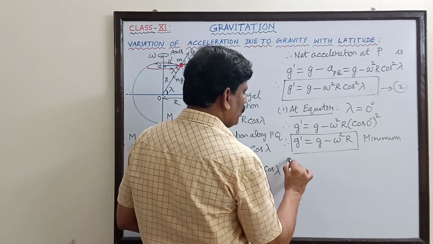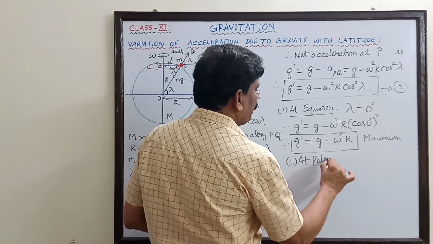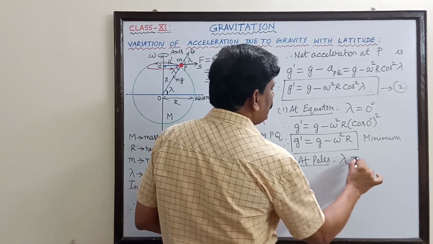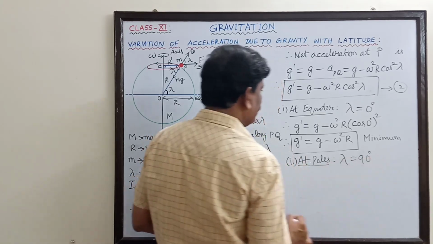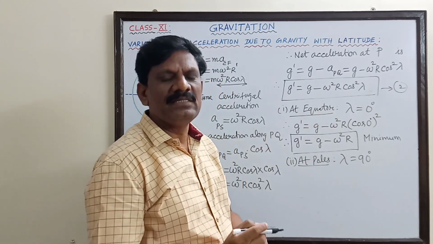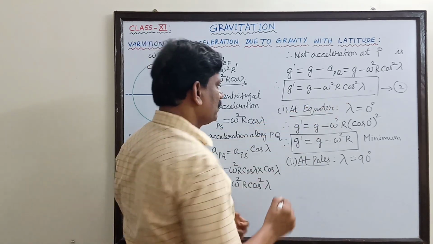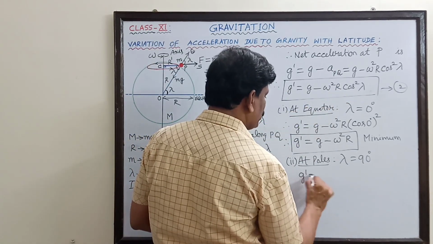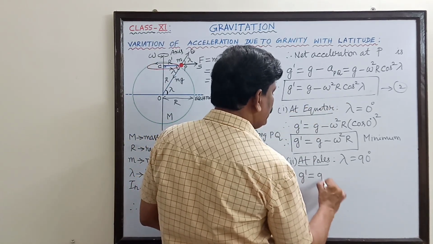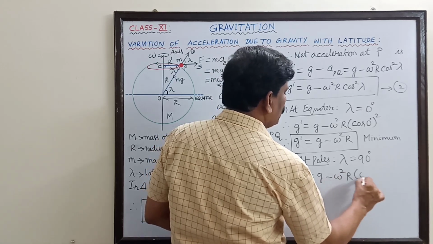Now the second one is at the poles. At the poles lambda is equal to 90 degrees. So cos lambda equal to cos 90 is equal to what? 0. So the second term will cancel. G dash is equal to G minus omega square R into 0.